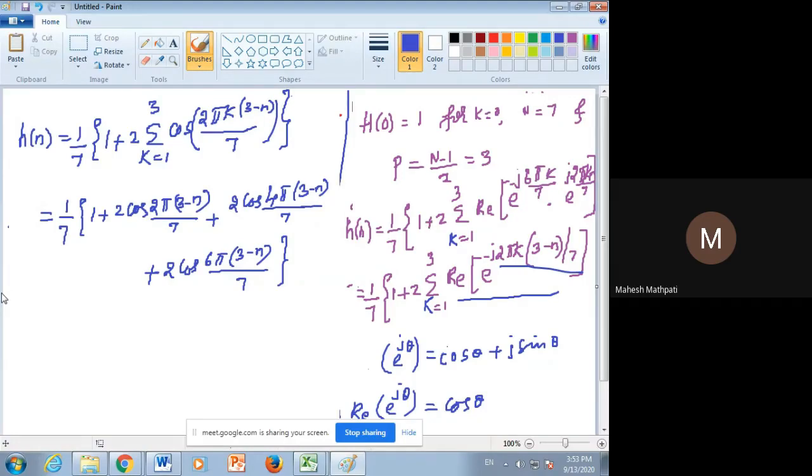Okay. So now here, let us call it equation 2. So this is our h of n. That is our h of n. Then further, what can you write? How do I simplify this further again?